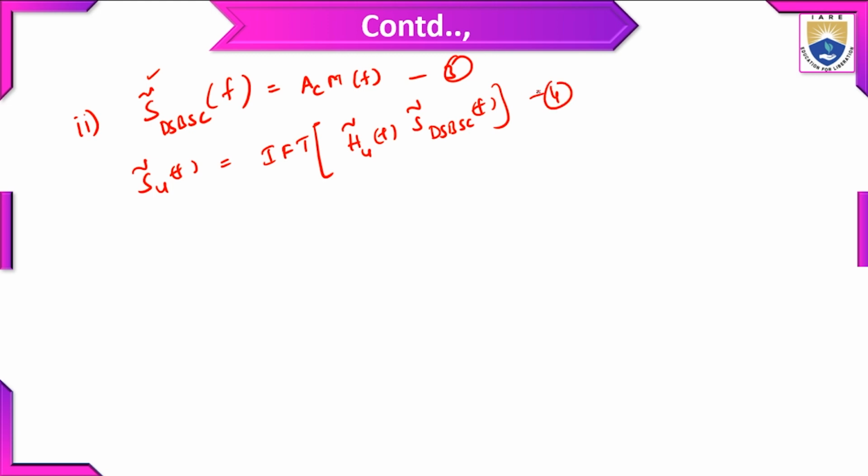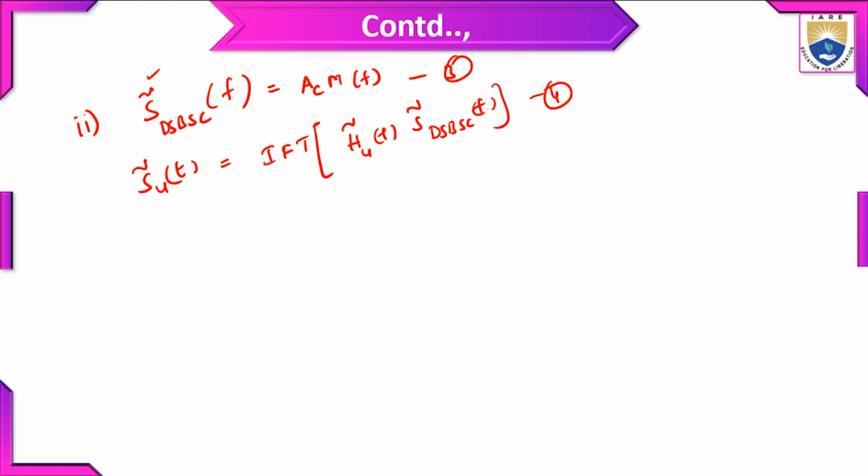So this is the fourth equation, and in the time domain S tilde U of T is equal to the inverse Fourier transform of H tilde U of F times S tilde DSB SC of F. One is the transfer function and another one is the DSB SC.